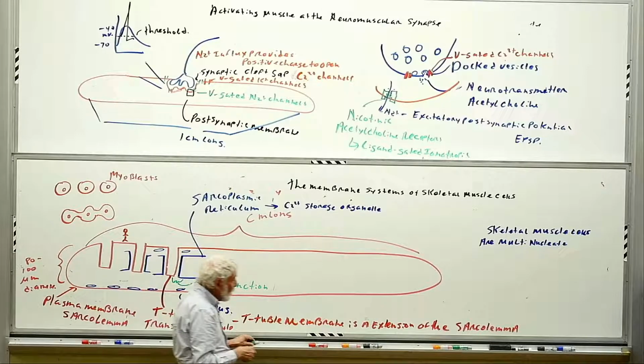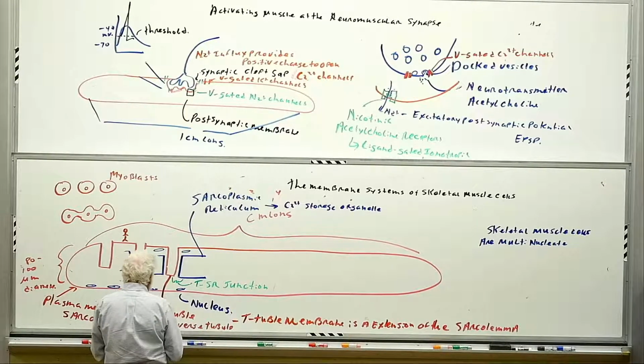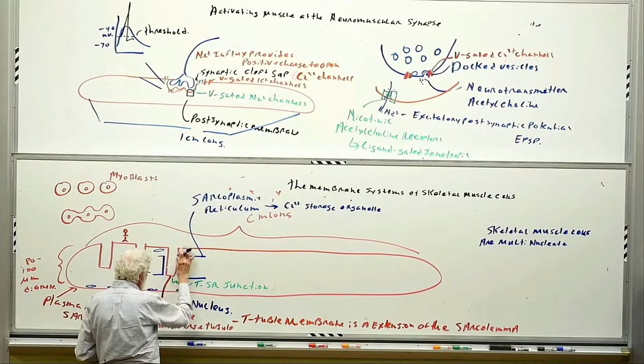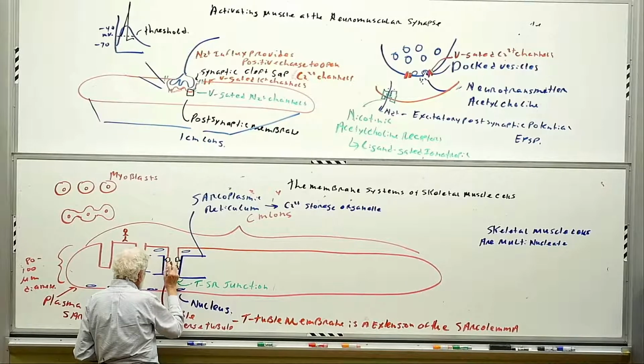And those bridges are composed of particular proteins. There's going to be a protein here in the T tubule. And I'll ask you to know this name, even though it seems arcane.